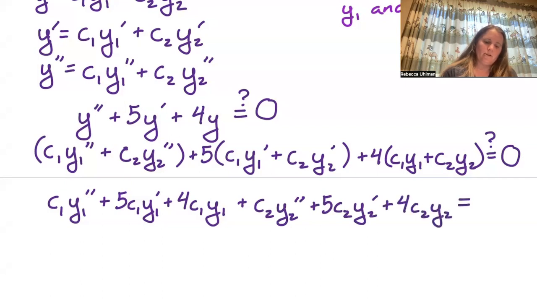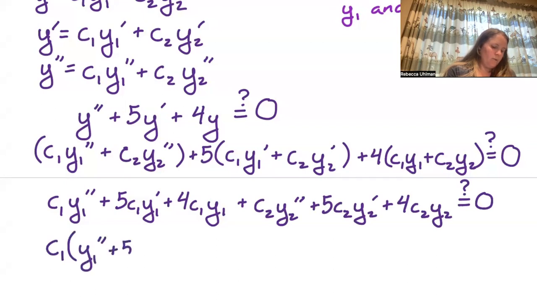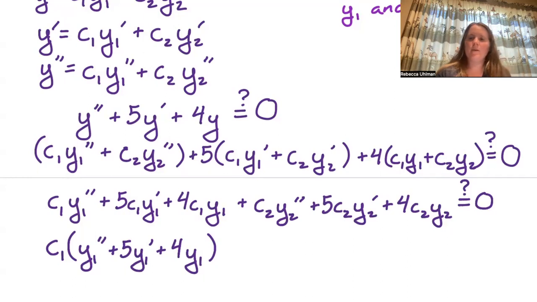And we want to know if this is equal to 0. Those first three terms, if we factor out a c1, are y1 double prime plus 5y1 prime plus 4y1. And then the last three terms, if we factor out a c2, we have y2 double prime plus 5y2 prime plus 4y2. This is then questioning if this is equal to 0.